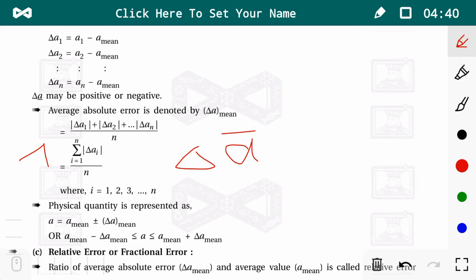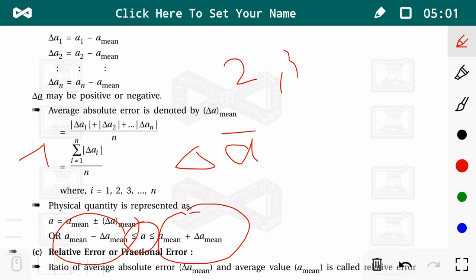Your value A, the original value, must be between A mean minus delta A mean and A mean plus delta A mean. For example, take the numbers 2, 3, 4, 5, 6. The mean is 4.